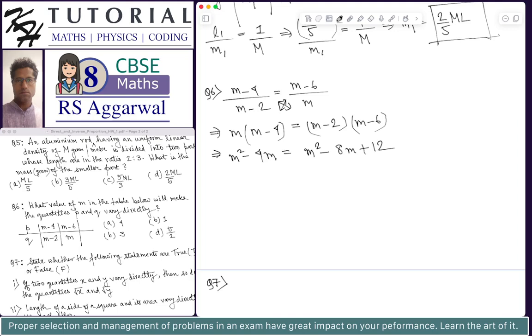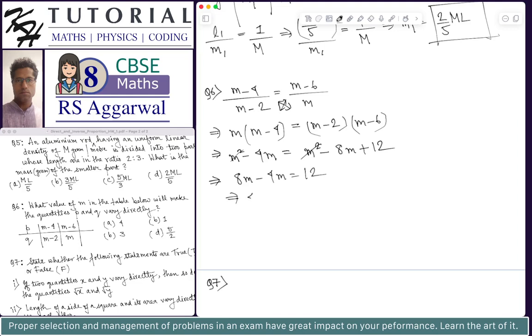Okay, so you can see that m square gets cancelled out from both sides, and now it has become a linear equation in m. So if I bring all the m terms, the variable terms, to the left hand side and all the constants to the right hand side, I get 8m minus 4m is equal to 12.